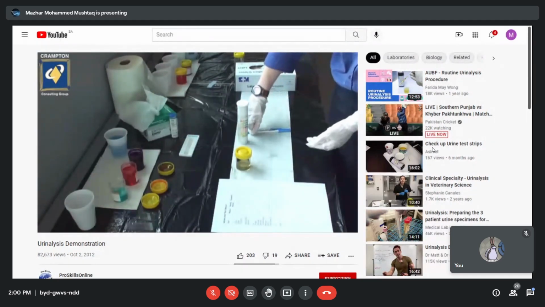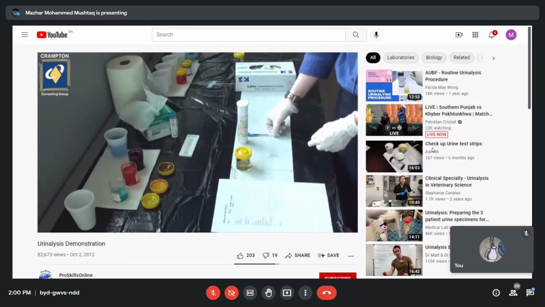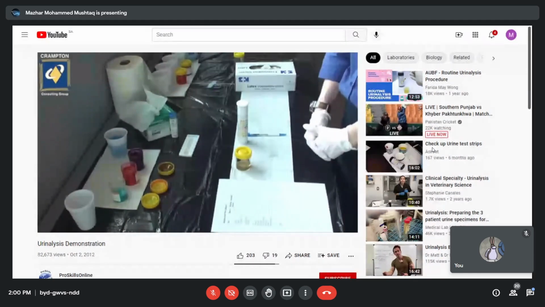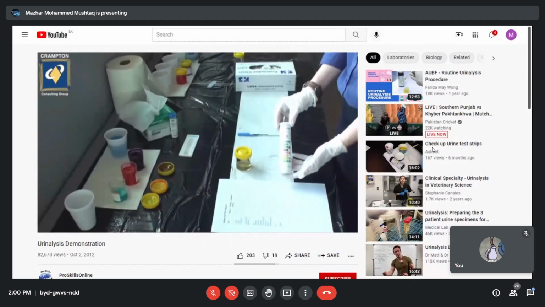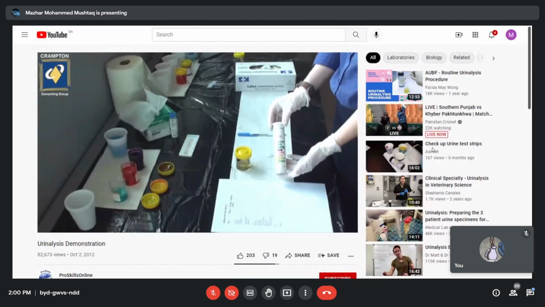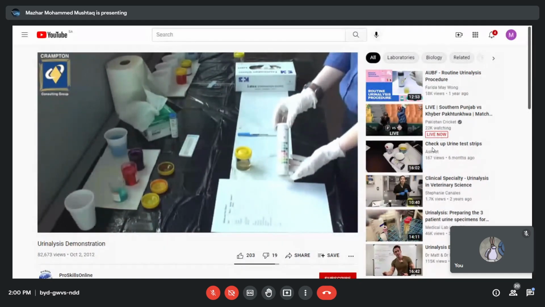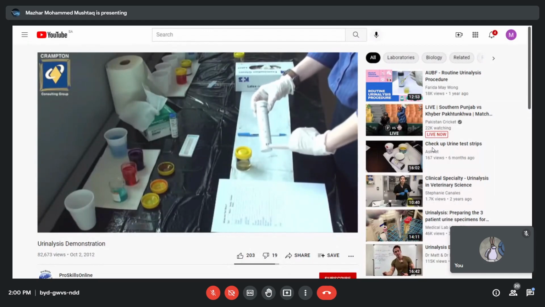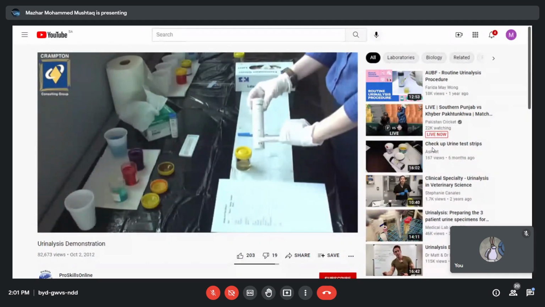Once we've completed the colour, smell and turbidity tests, we start with a dipstick. Prior to commencing a dipstick test, it is important to check that they're actually in date. So check the expiry date to ensure that it is functional to use.